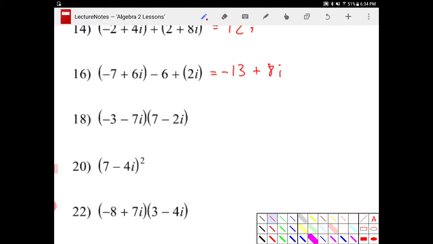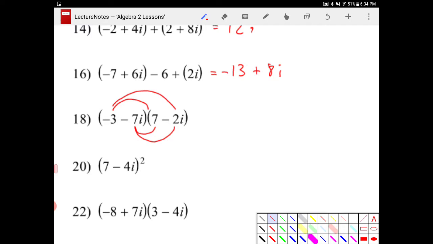I need to multiply these two complex numbers together. I have negative 3 minus 7i, that's a complex number, with 7 minus 2i, that's another complex number. In order to multiply this, I have to do what we've been doing all along.